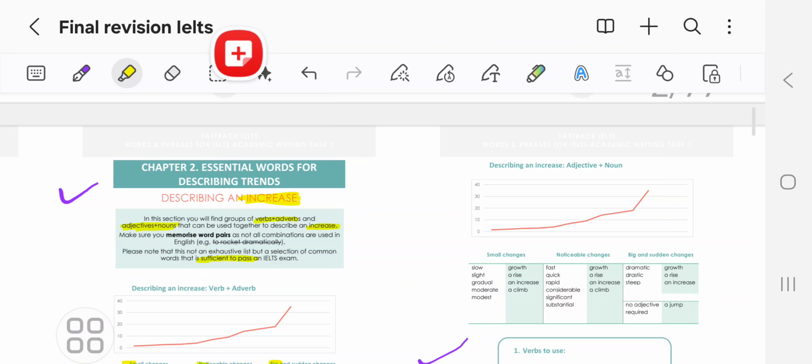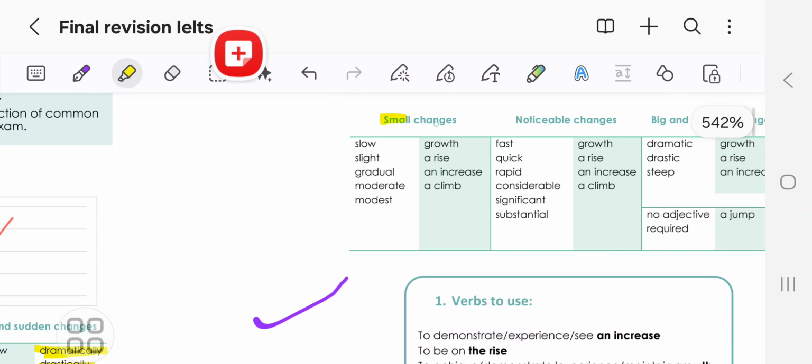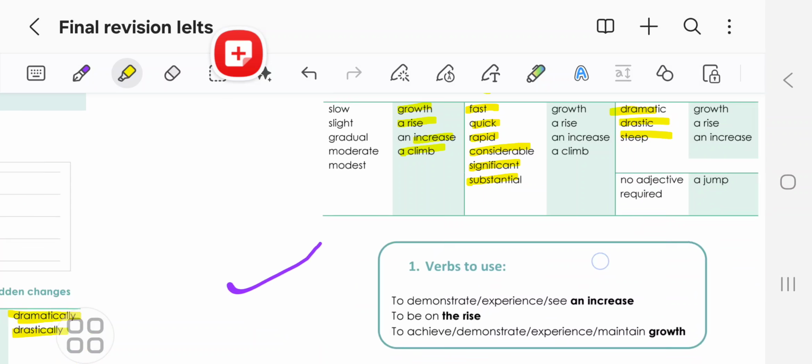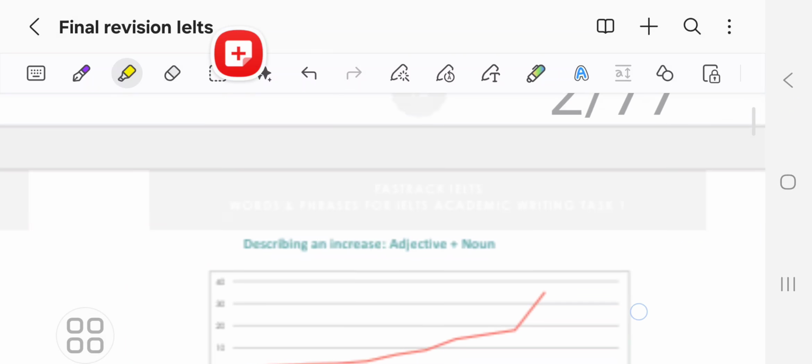So for adjectives and nouns, how can we use them? Similarly, for a small change, you can talk about growth, rise, increase, climb. Noticeable: fast, quick, rapid, considerable, significant. Big: dramatic, drastic, slump, jump.